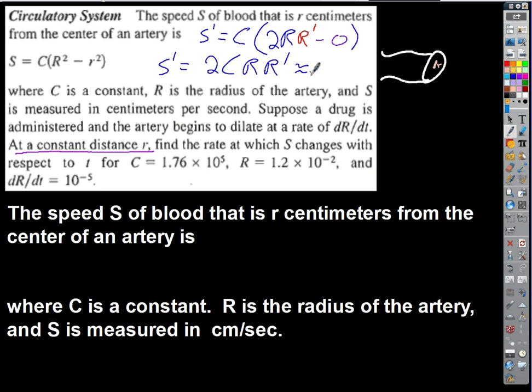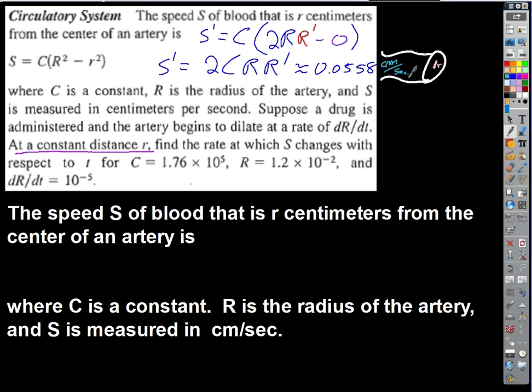I got 0.558. Okay, I think that's good. That sounds good. Centimeters per second. So not very much, but it's a pretty small artery, right? So maybe, I don't know, maybe that is significant. That's how fast the speed is changing.